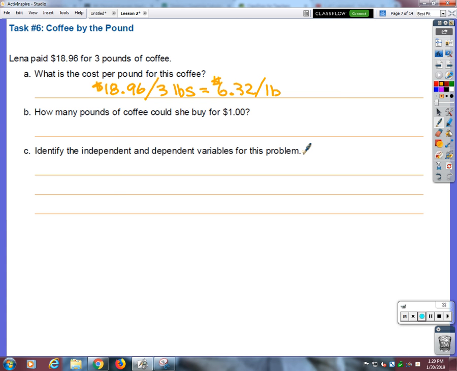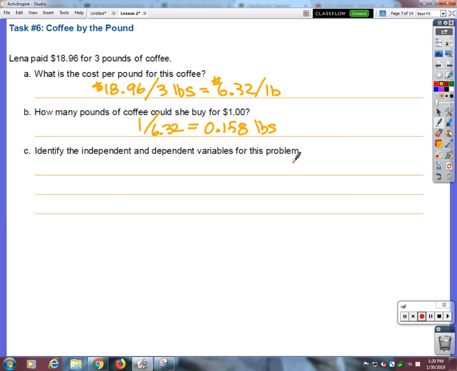I want to divide 1 by $6.32. I want to divide the $1 that I have. So what's 1 divided by 6.32? Okay, so about 0.158 pounds of coffee. So yeah, you're right, you can't buy a whole pound.